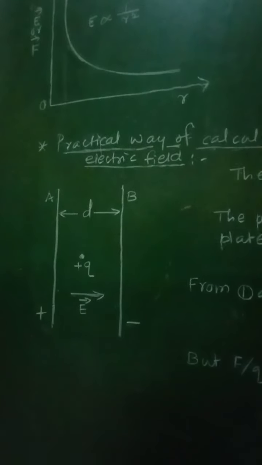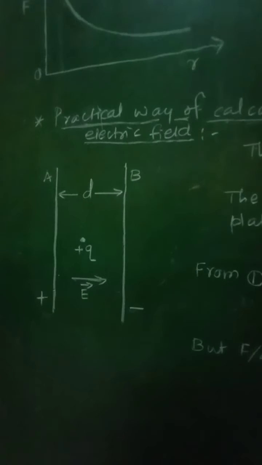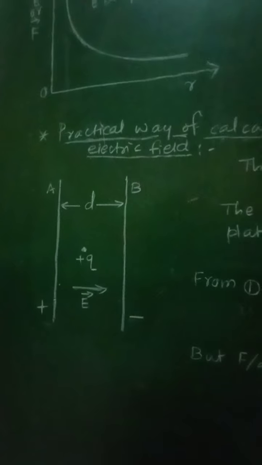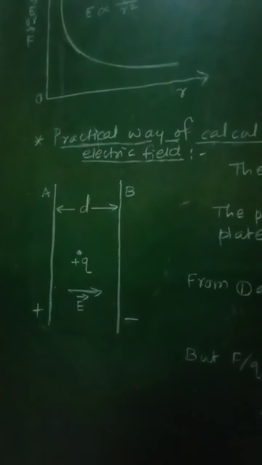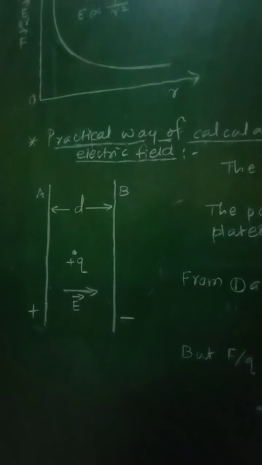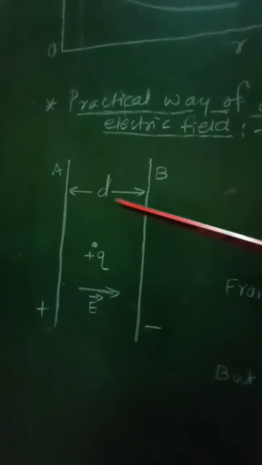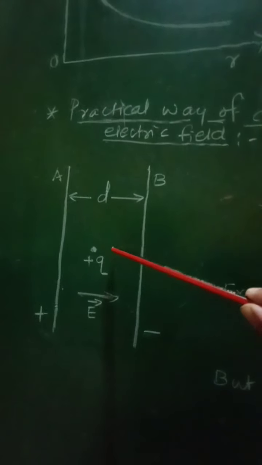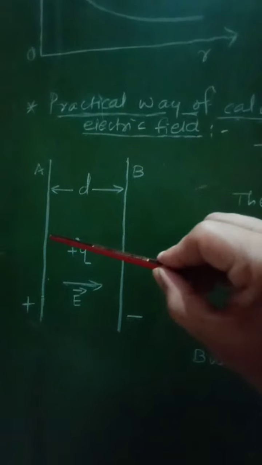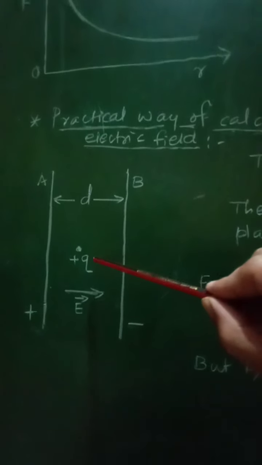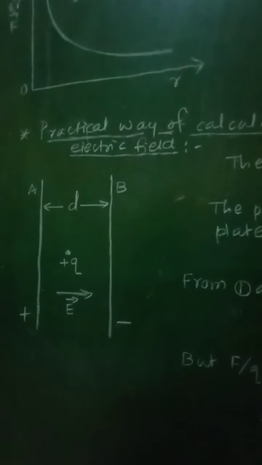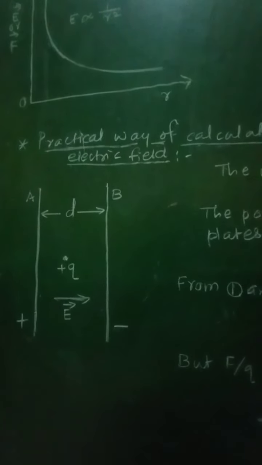This force is directed from positive plate A towards the negative plate B. Now to move the charge against the direction of electric field, some work must be done on that charge. So this plus q charge we have to displace in the opposite direction to that of electric field. As electric field is directed from A to B, we have to move that charge from B to A. At that time, some work must be done on that charge.